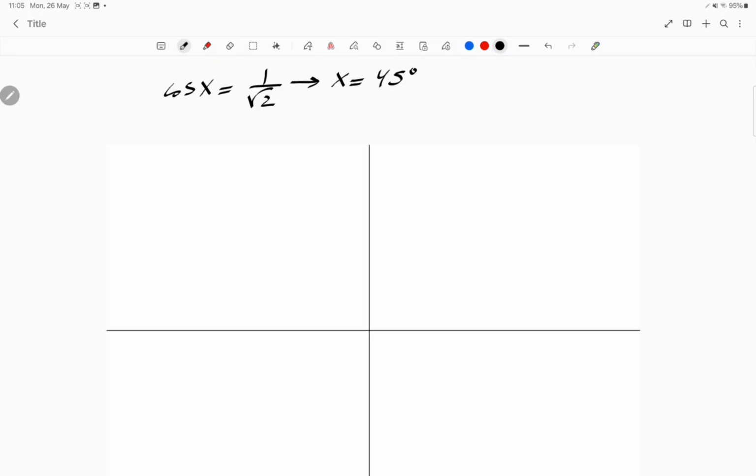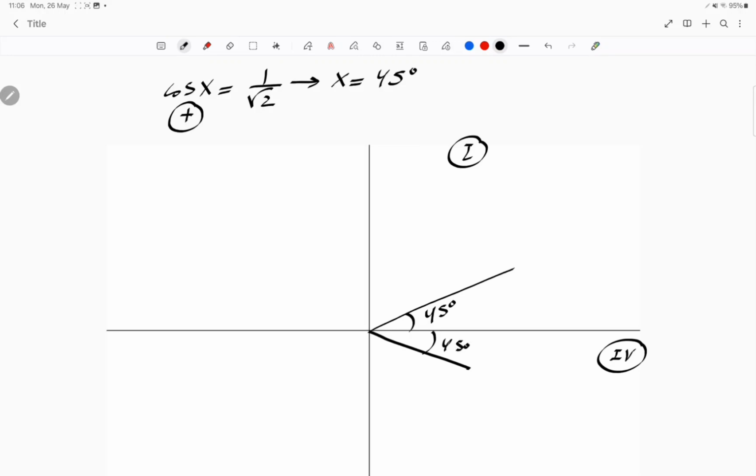Now, here's the problem. Cosine here is positive, and cosine is positive in two quadrants, in quadrant 1 and also in quadrant 4. And so it's going to be 45 degrees here and also 45 degrees here. But you cannot say 45 degrees in the fourth quadrant.